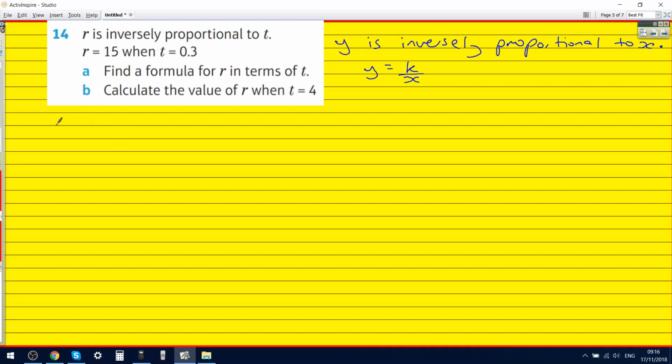Yep, perfect. Well, I think even before that, okay. So 15 is equal to k over 0.3. Okay, what would you do next?